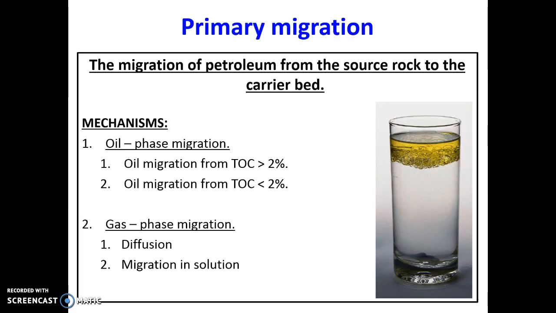So methane also takes about 140 million years to move vertically, although at a shallow depth of 1,500 meters. Next, gas can also migrate in solution.